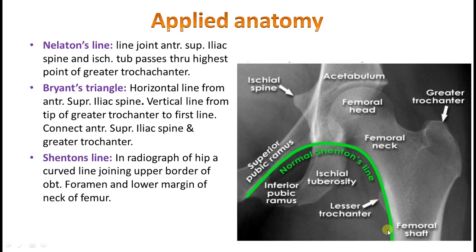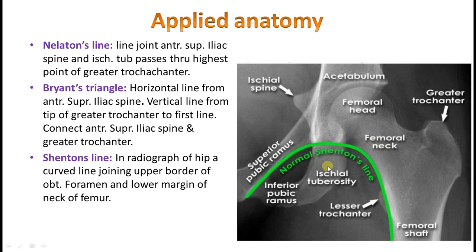This line is mainly helpful in determining the fracture of the neck of the femur. If you don't get a curved line, then there might be a fracture of the neck of femur, but if you get a curved line, that doesn't mean that a fracture has not taken place. So if you suspect a fracture of the neck of femur, you cannot completely rely on Shenton's line.